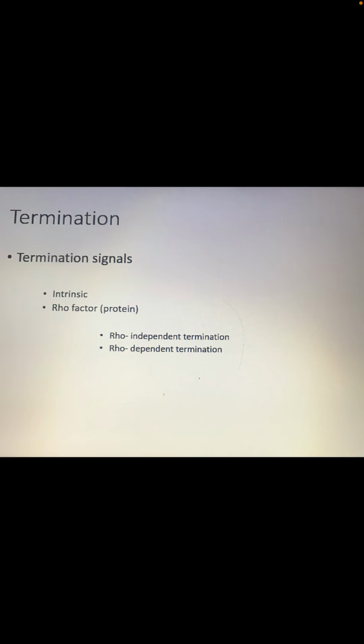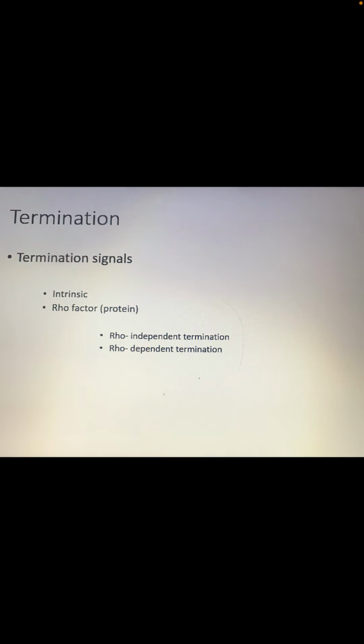And if no intrinsic signals are present which are responsible for termination, then some other special types of proteins called Rho proteins or Rho factors are there to cause the termination of that particular part of the RNA synthesis.